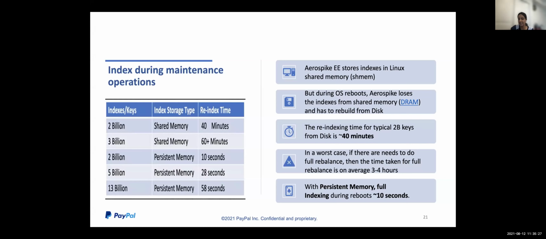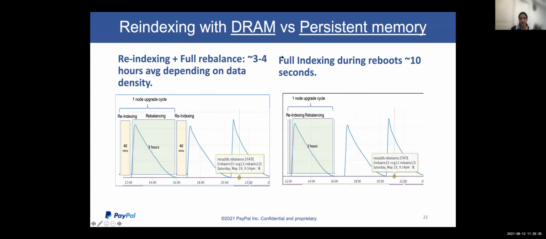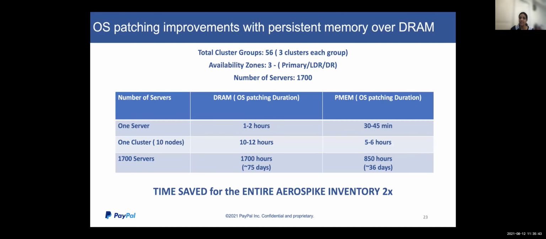Our time gets saved because the data is not being scanned on the disk to rebuild the indexes. Whenever we are patching, the reindexing time is reducing from 40 to 10 minutes.